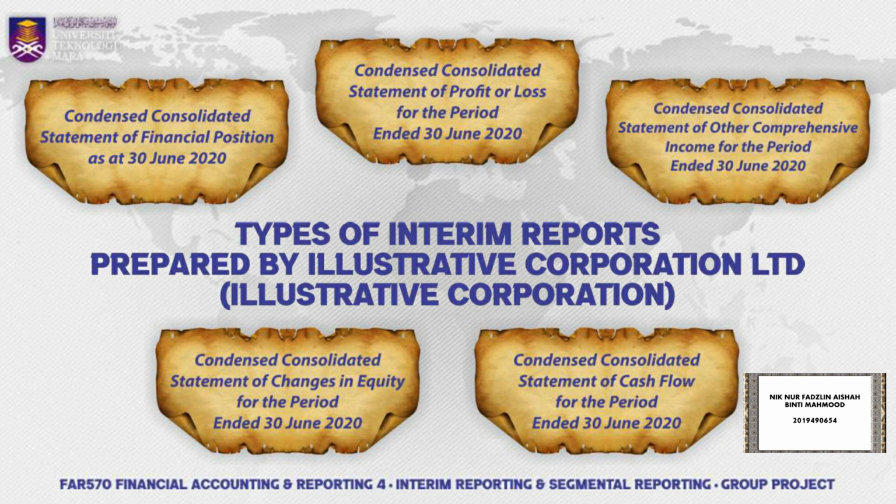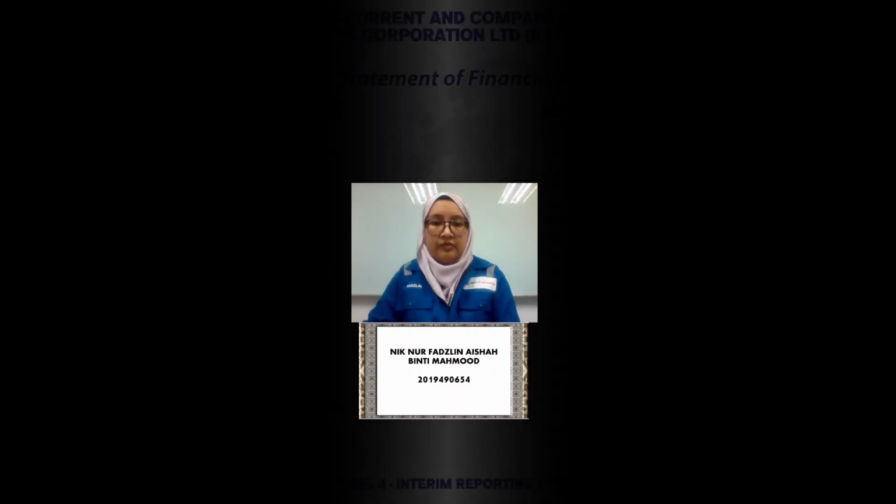Number 3, the condensed consolidated statement of other comprehensive income for the period ended 30th June 2020. Number 4, the condensed consolidated statement of changes in equity for the period ended 30th June 2020. And number 5 is the condensed consolidated statement of cash flows for the period ended 30th June 2020.